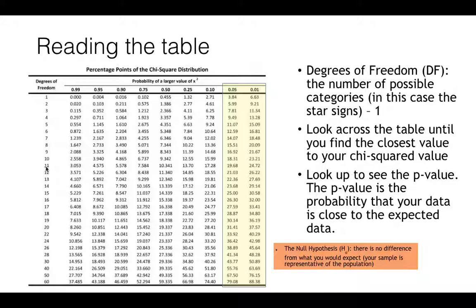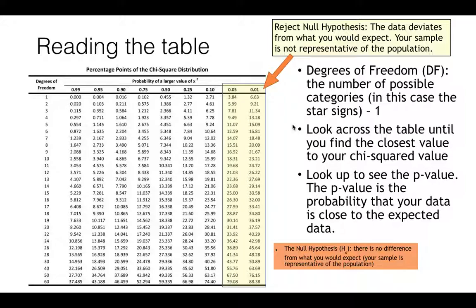Anything that is in these last two columns here means that we can reject our null hypothesis. Now what this means is if you get a value in one of these two columns here, the probability that differences in your data between the sample and the population are due to chance alone is very low, 5% and 1%.